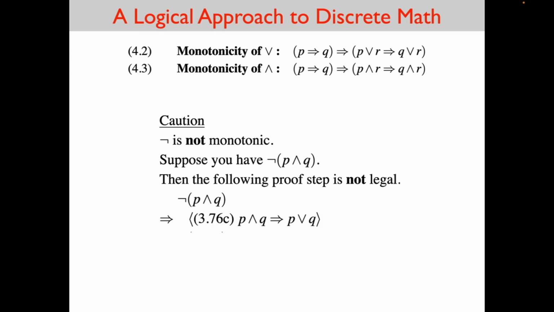There is a theorem, namely 3.76c, that says P and Q implies P or Q. Well, you can't just take that P and Q and replace it with P or Q and expect it to imply that. This is illegal. It is not the case that the negation of P and Q implies the negation of P or Q just because P and Q implies P or Q, because negation is not monotonic. So you see, the reason we emphasize the monotonicity of AND and the monotonicity of OR is because these properties do not apply to other Boolean operators such as equivales and negation.